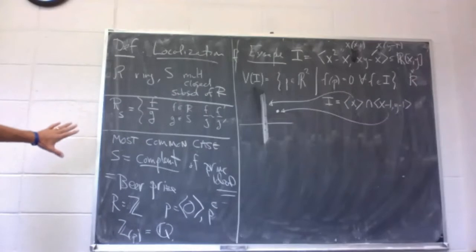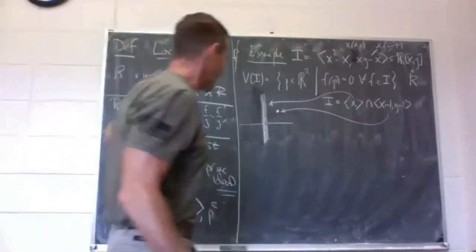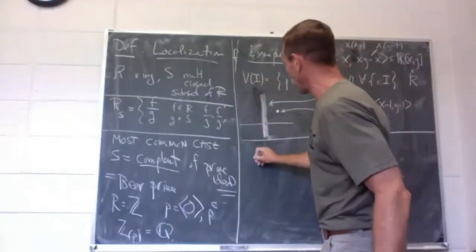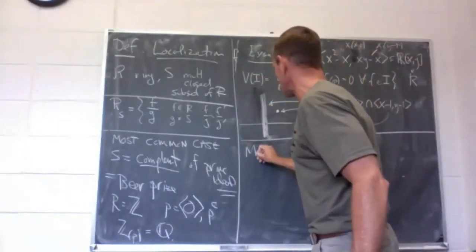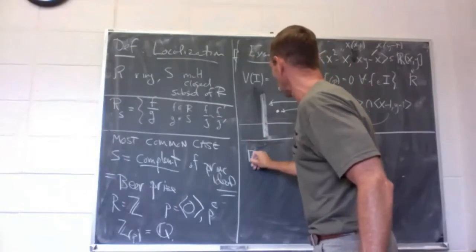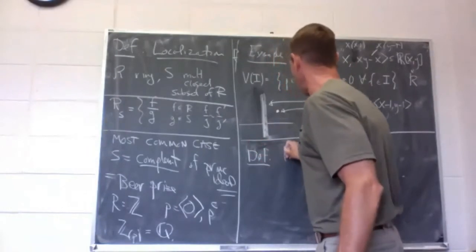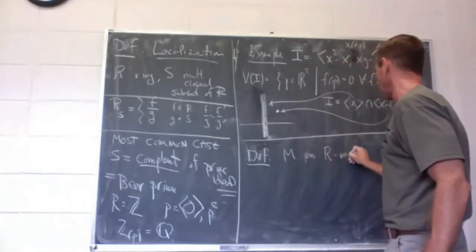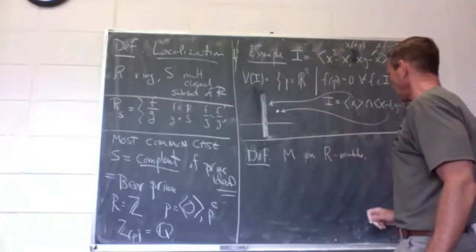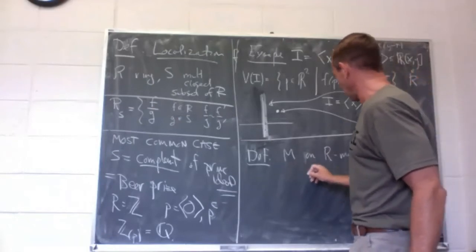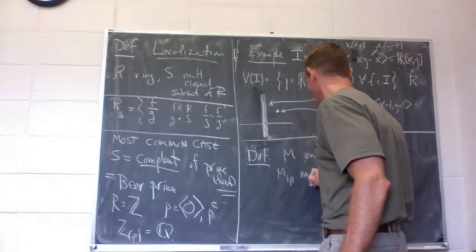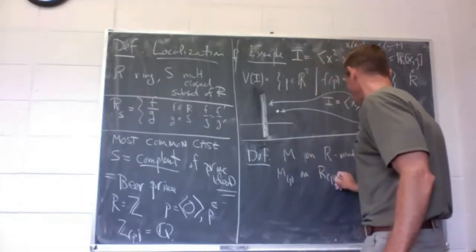So this is the most common case. What I want to do now is we're going to use that. So here's our definition. If M is an R module, then we can make M localized at P an R localized at P module.